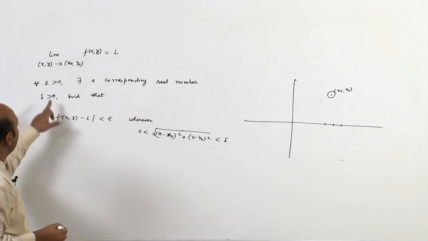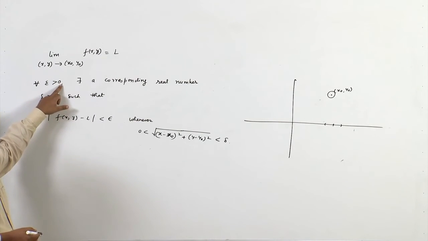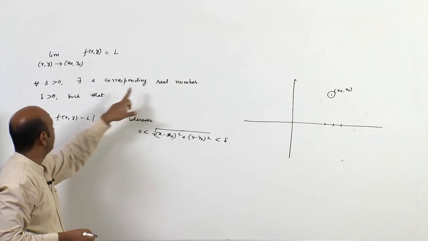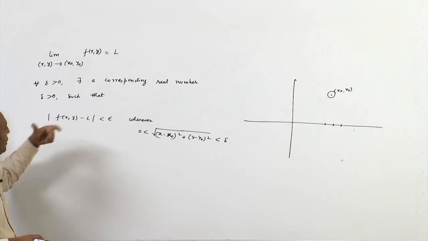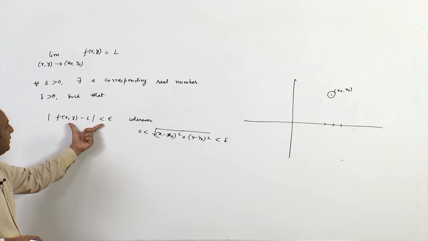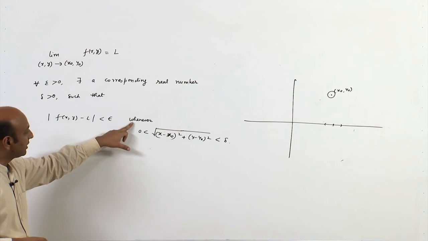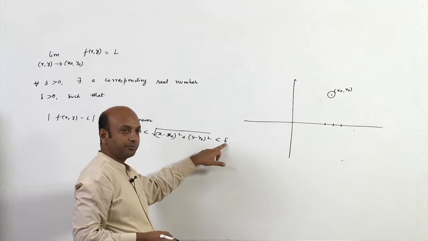So, you take any epsilon greater than 0, there will always exist a corresponding real number delta greater than 0 such that this inequality holds whenever this is less than delta and greater than 0.